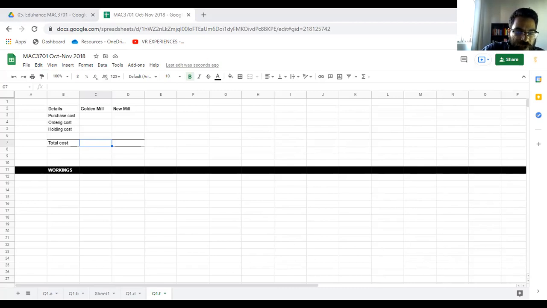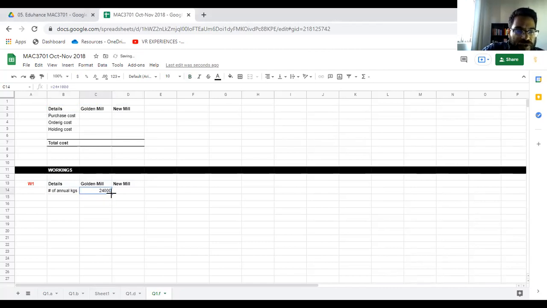Okay, so if I go back, we can do the following. We will say number of annual kgs. We know it's going to be 24 tons times 1,000 kilograms per ton.